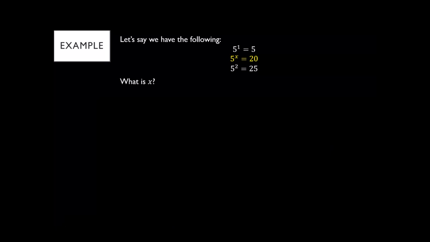All we know, based off of what we know so far about algebra, is that x is between 1 and 2. And that's all we know. We don't know the exact number. We don't know if it's 1.5. We really have no idea.